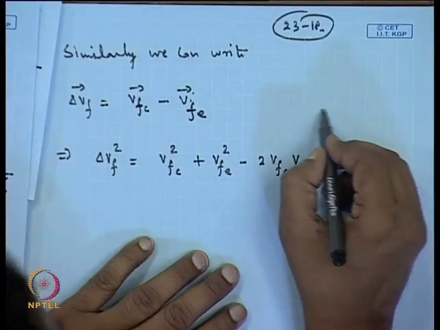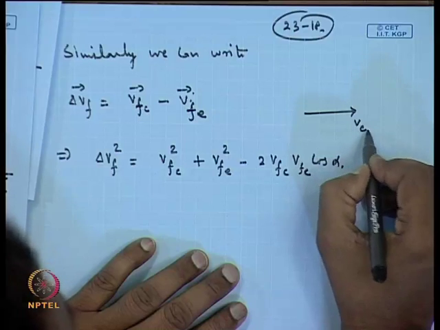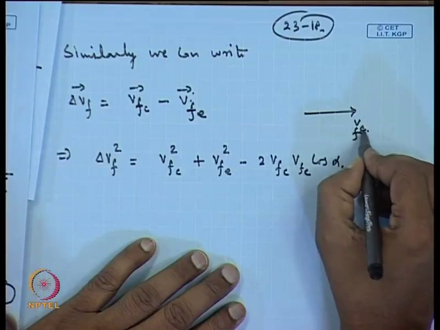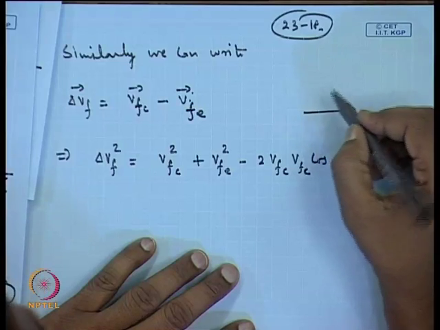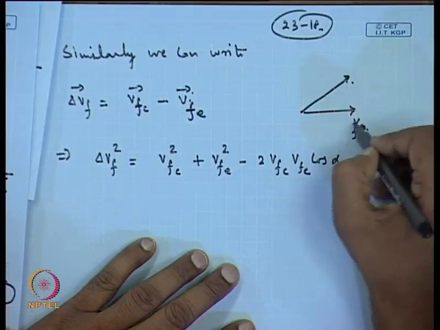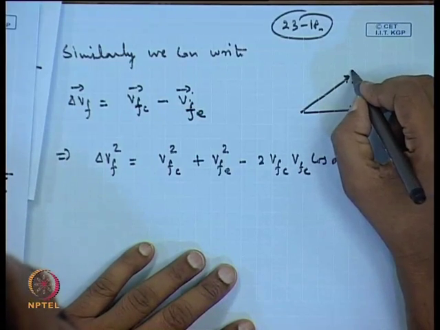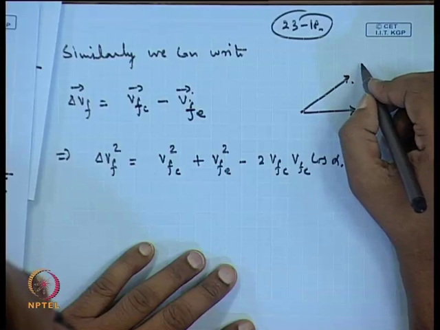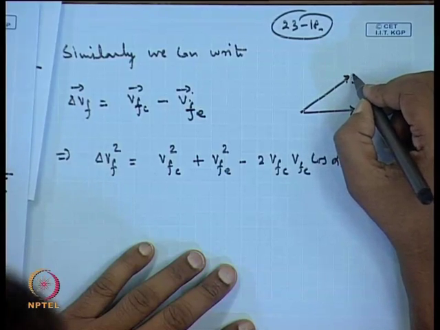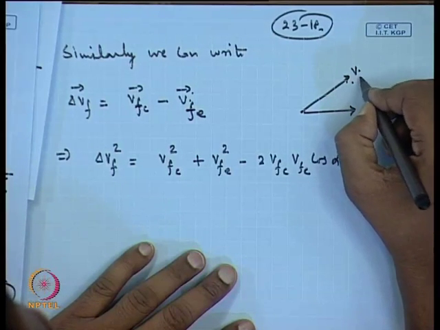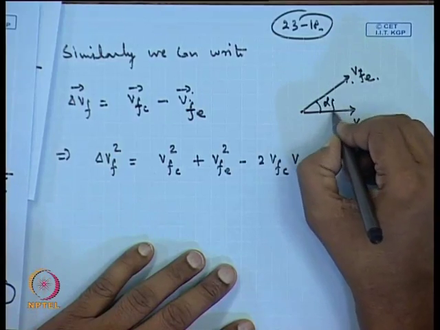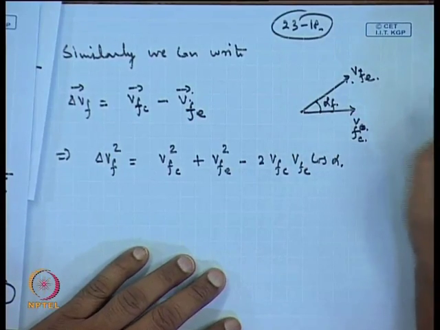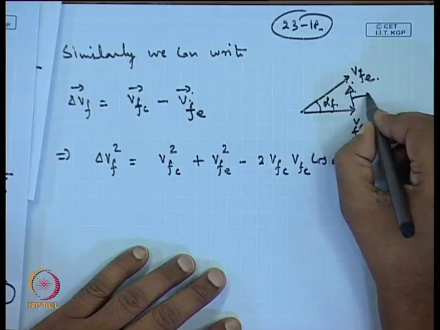So, in this case V F C is the velocity in the larger circular orbit, and this is V F E, and this angle is alpha f.